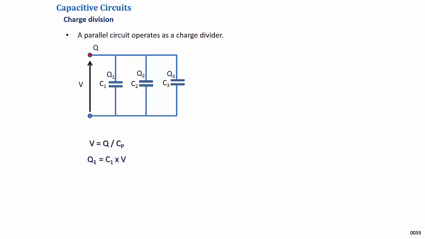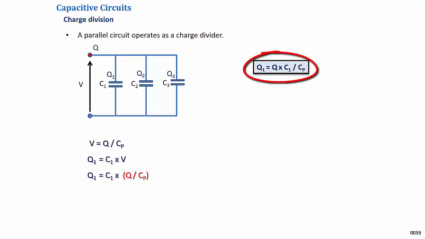So to calculate the charge on C1, Q1 equals C1 times V. Substituting for V, Q1 equals C1 times Q divided by Cp. This can be rewritten as Q1 equals Q times C1 divided by Cp.